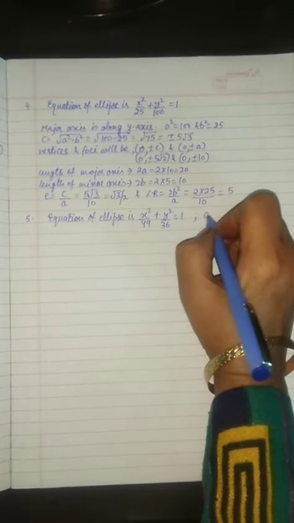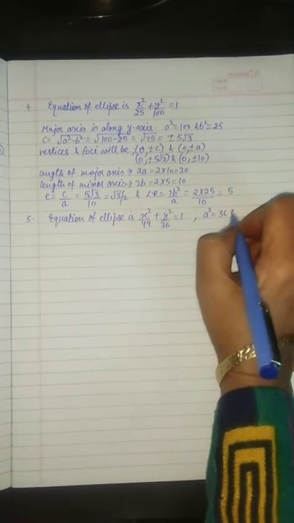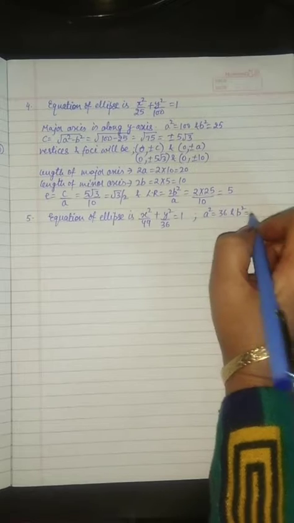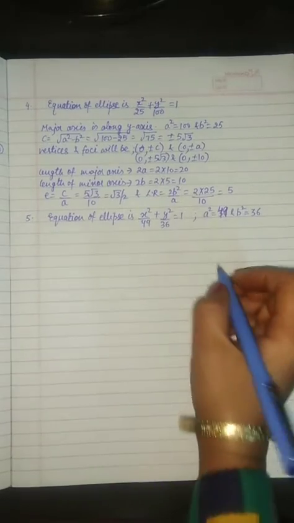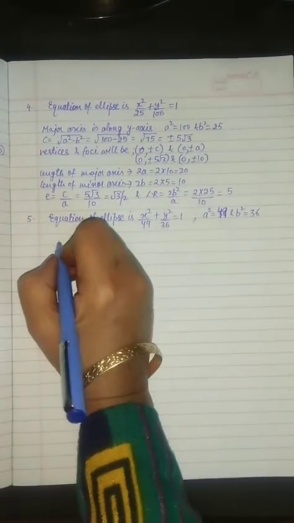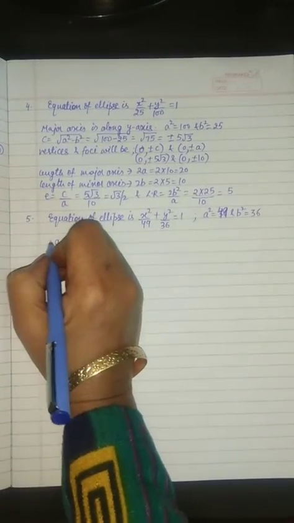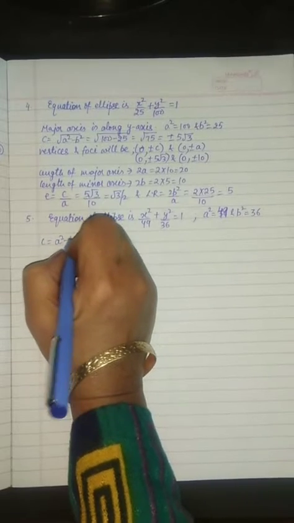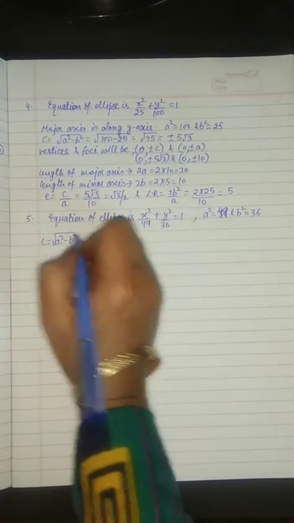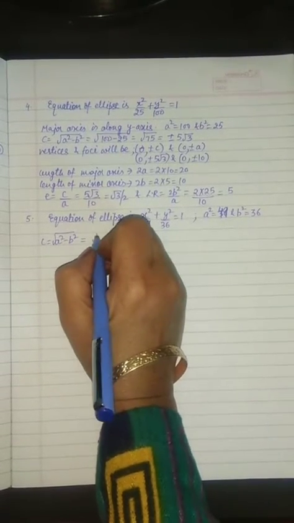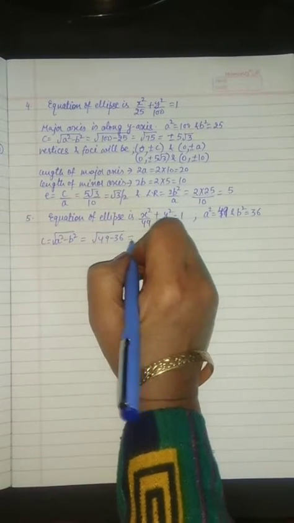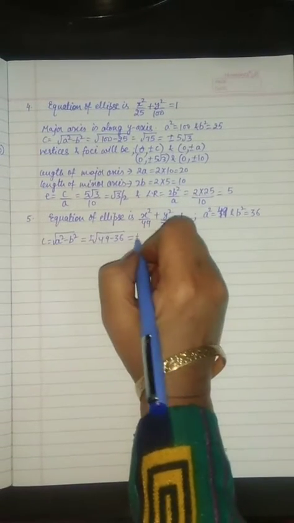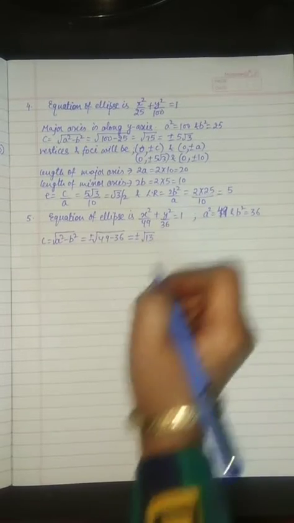So here a square is 49 and b square is 36. So c is square root of a square minus b square, that is under root 49 minus 36 is equal to plus minus under root 13.